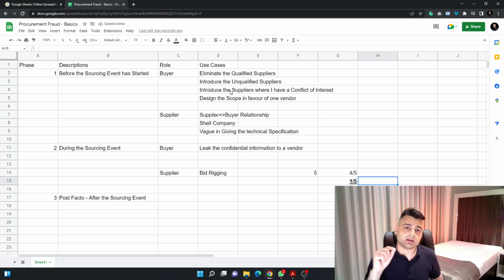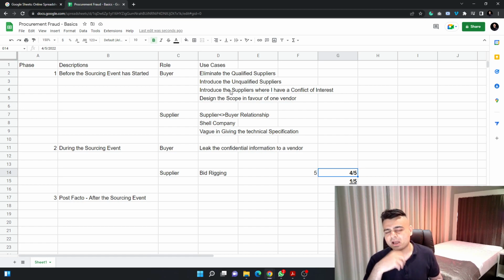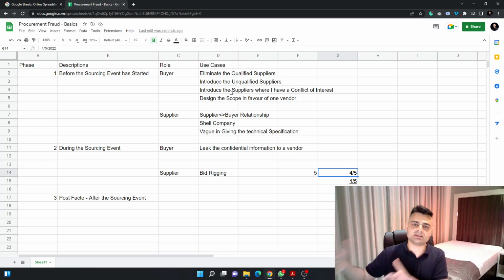Later, this winner will either subcontract some portion to these 4 or 3 or 2 suppliers, or even worse, share the profit percentage later. That's one example of bid rigging. Another example is that they always take turns. The same group of suppliers always take turns to win the bid, for the same geography or for different geographies.